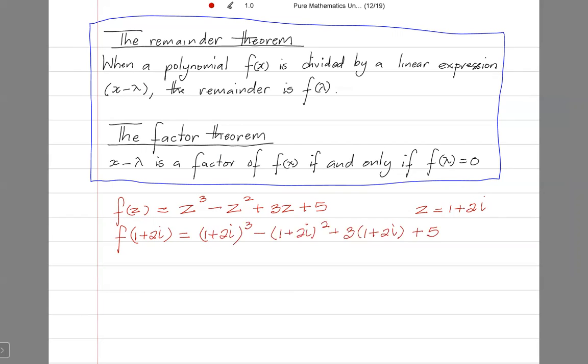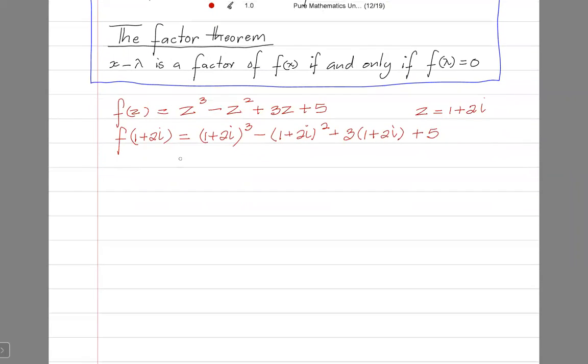When I work this out, according to the factor theorem, if f of 1 plus 2i comes out to be 0, z equals 1 plus 2i is a root, and z minus (1 plus 2i) would be a factor. All right, so let's work this out.